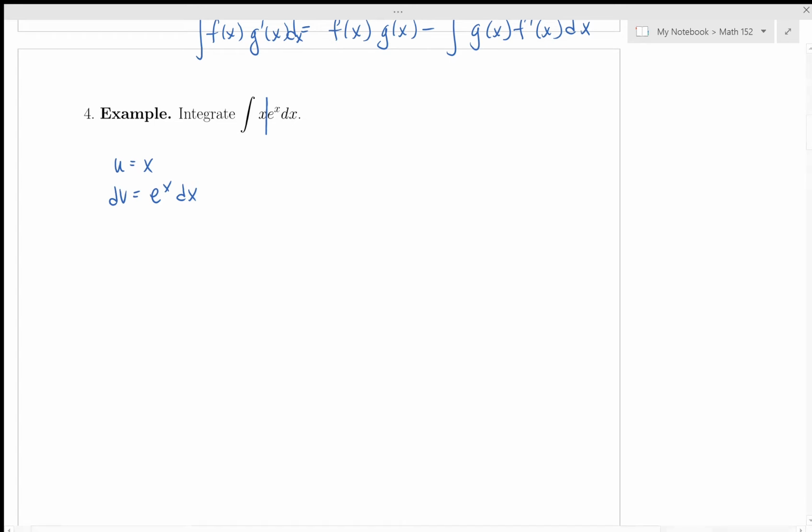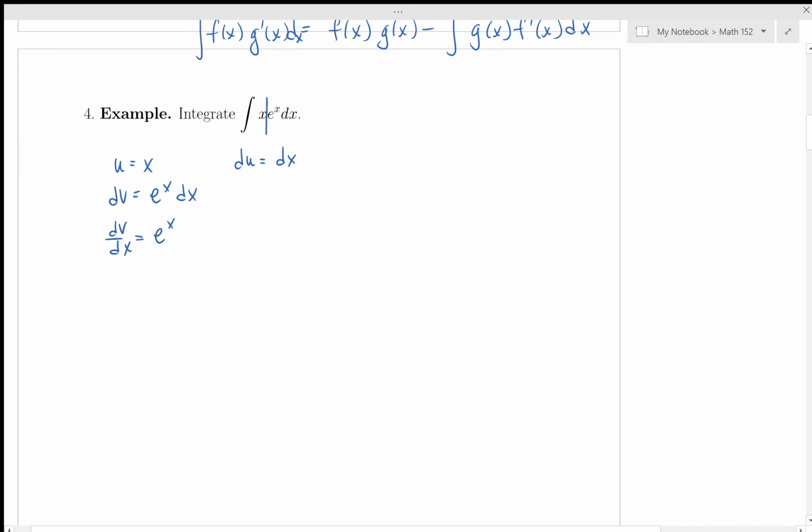Okay, so then if I have that, I can compute du. du will be, in this case, equal to dx, because du by dx is equal to the derivative of x, which is 1. And then dv is equal to e to the x dx, and I integrate that. So I could be thinking of this like this if you like: dv by dx is e to the x, and then asking what is v.